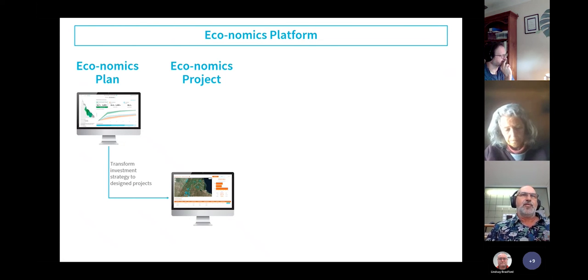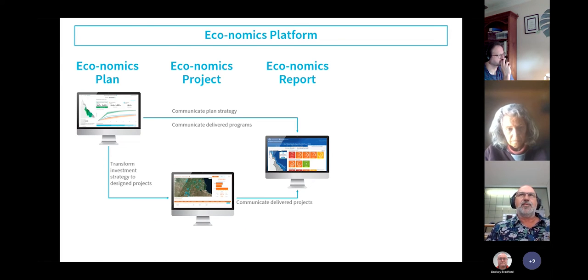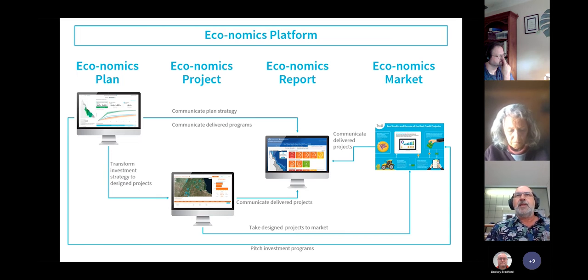There's Eco-nomics Project, which is down at a farm or project scale modelling application. There will be reporting functionality around that for impact reporting, communicating the outcomes from these projects, and then ultimately support for other market instruments. The diagrams or images we've got there represent where we've done these things in the reef world.